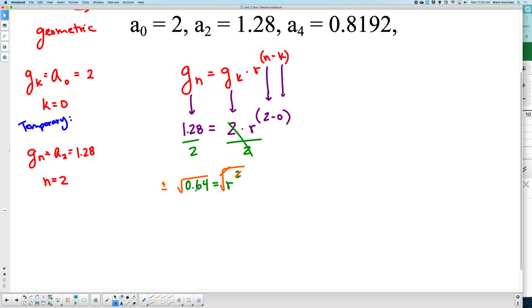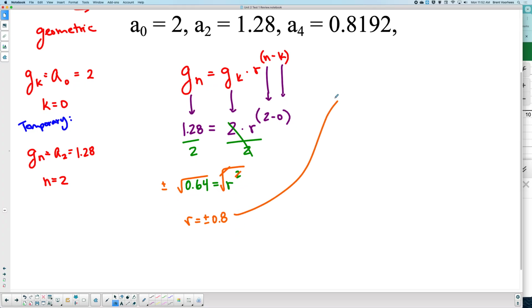Do you know what the square root of 0.64 is? Sorry, I meant to say 0.8. It could be the positive version, it could be the negative version. They don't tell us here, so I'm just going to go with the positive.